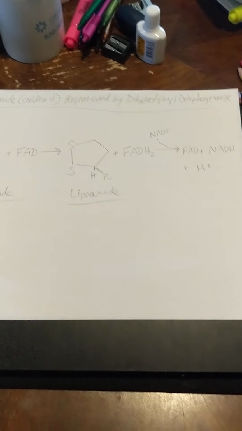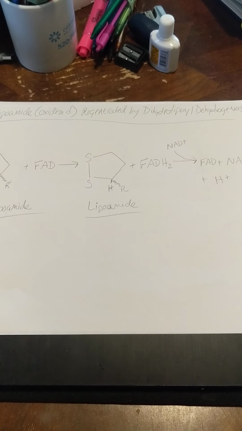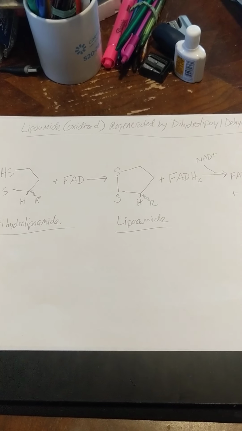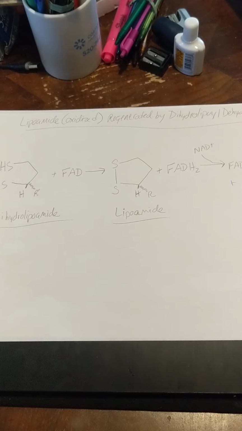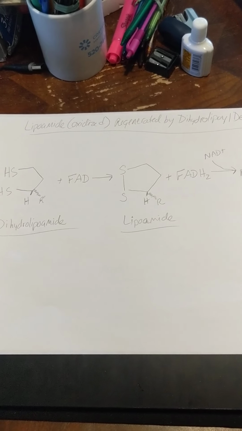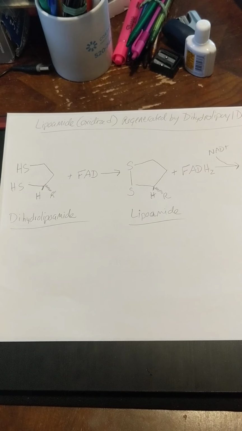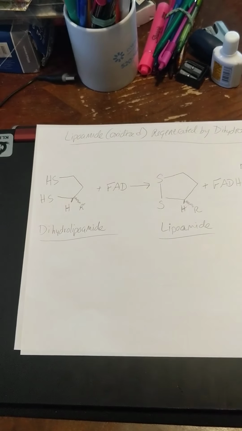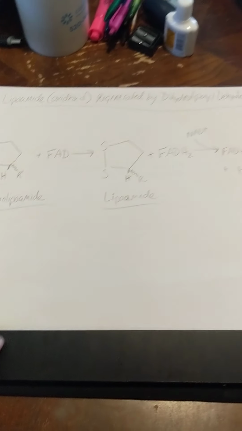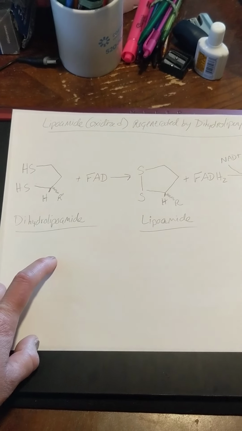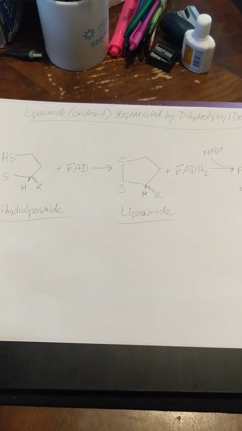And so 2 electrons are transferred to a FAD prosthetic group of the enzyme and then to NAD positive. Electron transfer potential of FAD is increased by its association with the enzyme, enabling it to transfer electrons to NAD positive. And so, like I said, this step is vital in order for the whole process of pyruvate dehydrogenase to start over again and repeat itself.